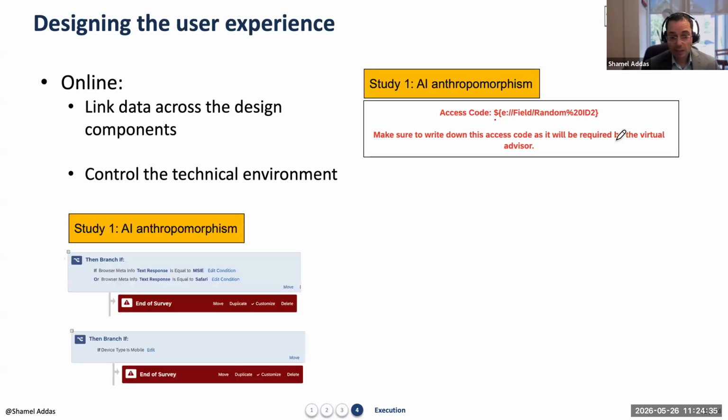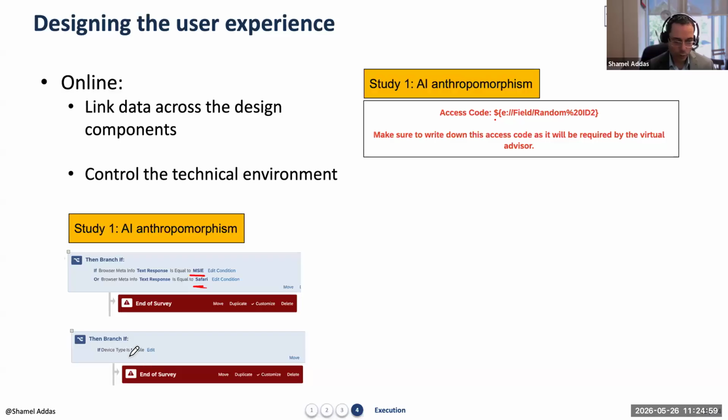Control the technical environment. For example, in study 1, we had to make sure that some browsers did not work well with the experience for the AI agent. That's something that we could control in Qualtrics. We told participants, don't use Safari, don't use Microsoft Internet Explorer, and that's something you could control in the answers.